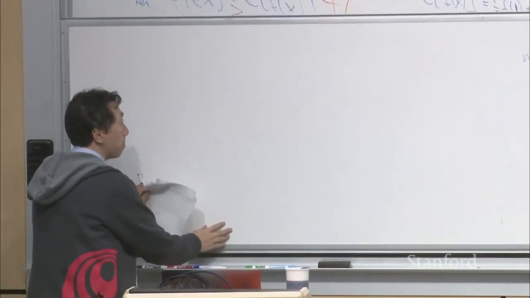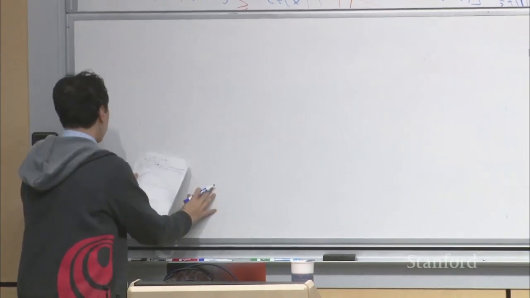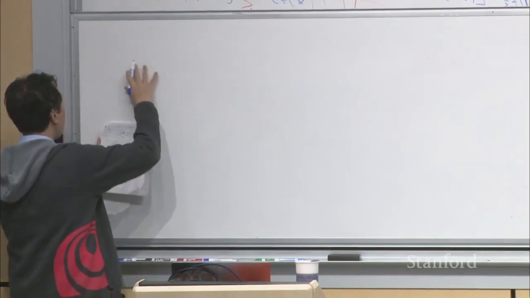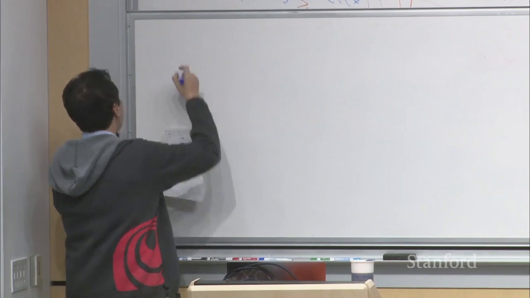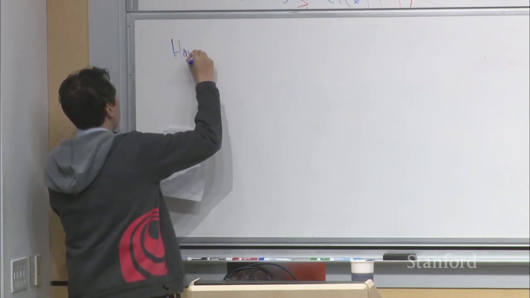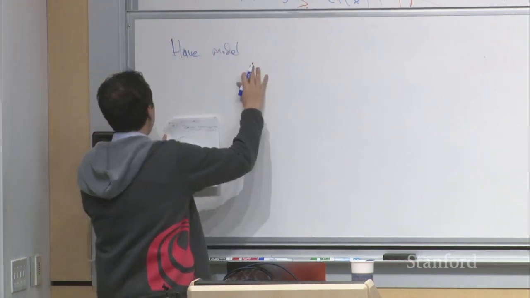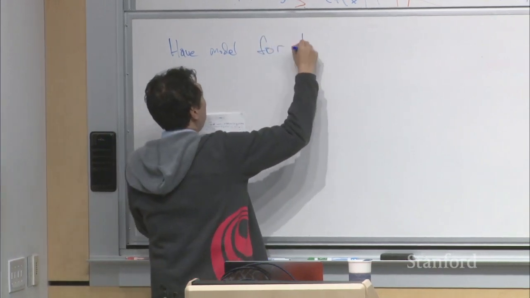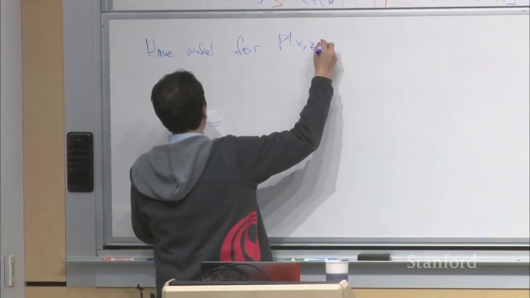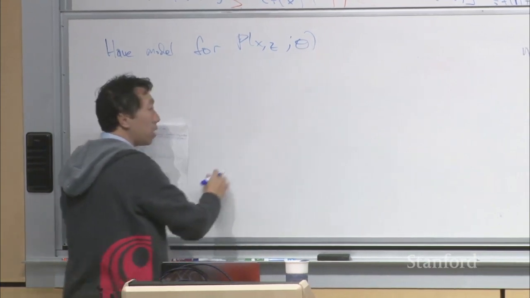So here's the density estimation problem, meaning density estimation means you want to estimate P of x. So we have a model for P of x comma z with parameters theta.